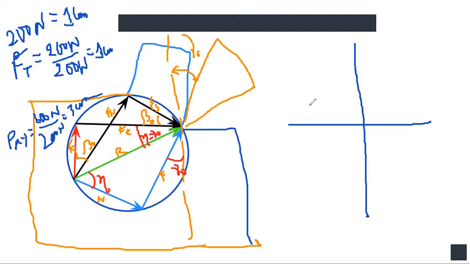First of all, we draw or obtain some values through our formulas: beta, Ft, and F. Let's see very carefully.